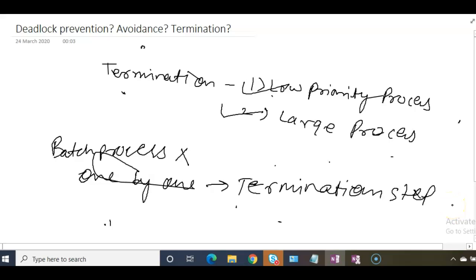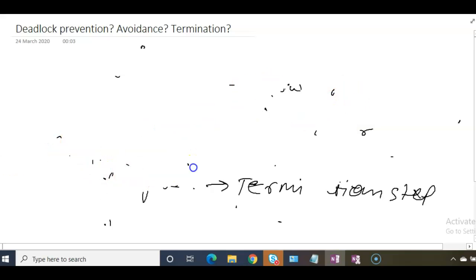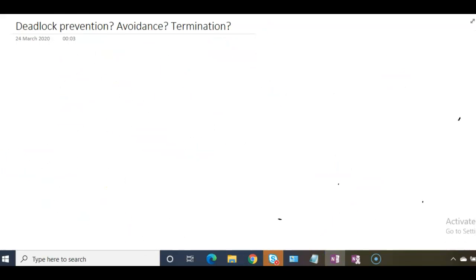Now moving towards one question that is frequently asked in competitive exams. Let's move towards the question. Before moving towards the question, just write a formula.